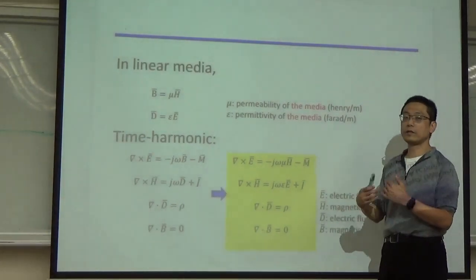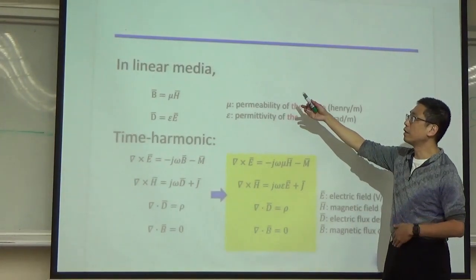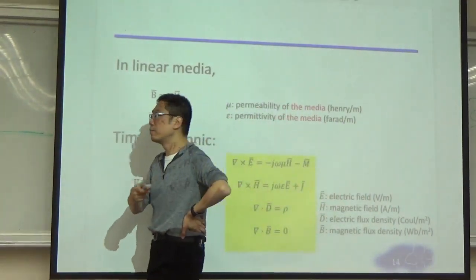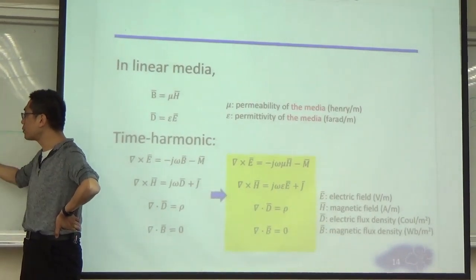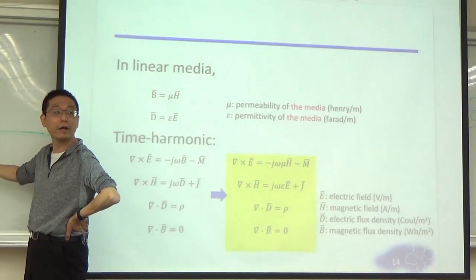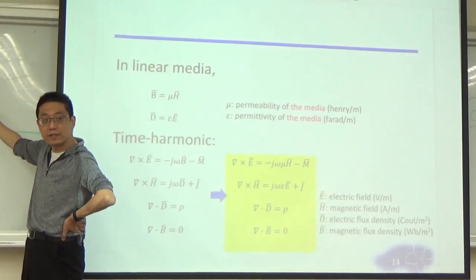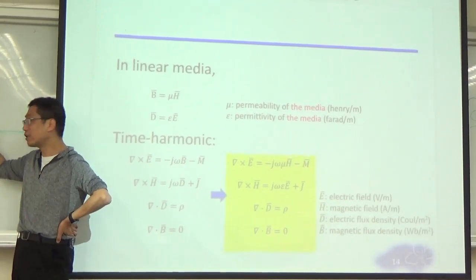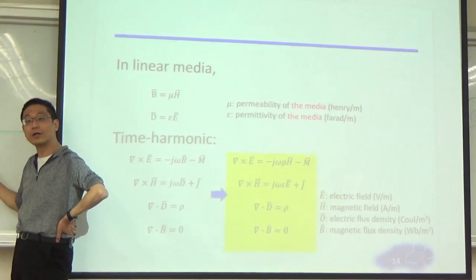So in the book they tell you more general things. If it is a linear media, it is a very simple result: in this part you use mu 1, epsilon 1, and mu 2, epsilon 2. But in the real world, that's not correct, right? Mu and epsilon may be a function of the location.